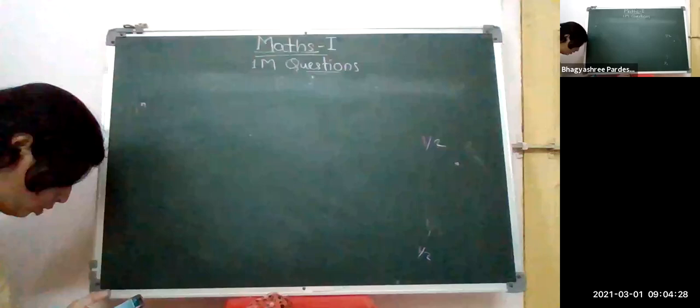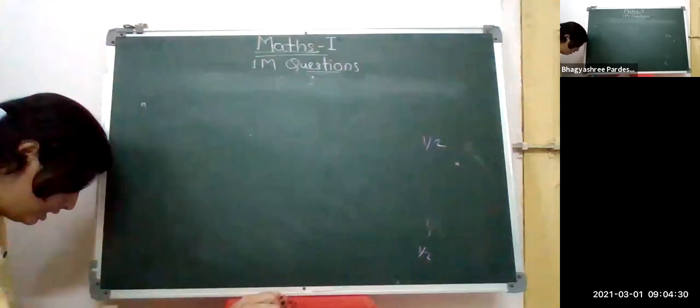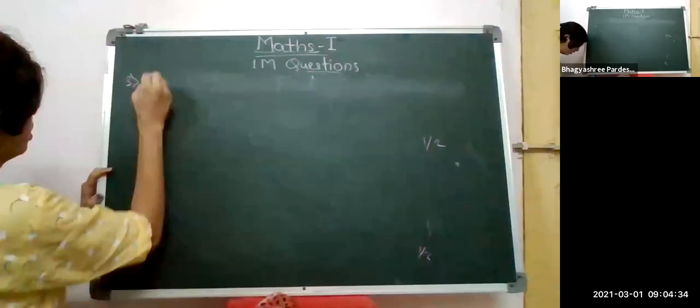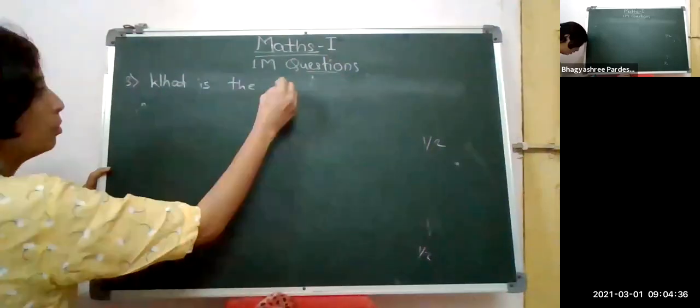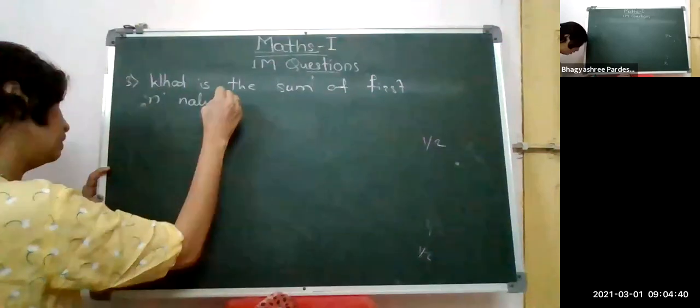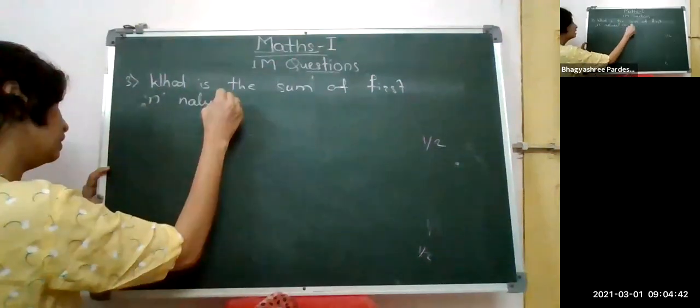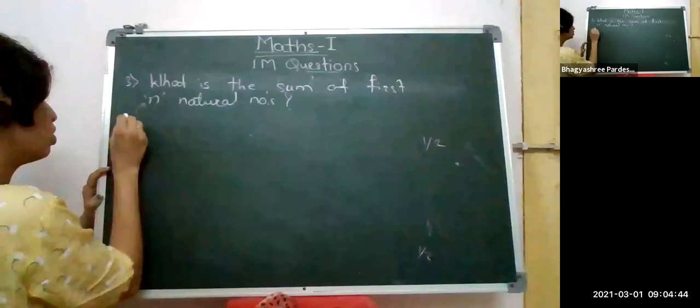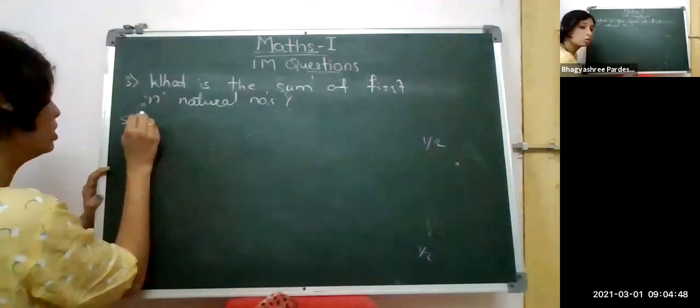What is the sum of the first n natural numbers? If you remember, we have seen this, and I have told you that this is a very, very important question, because this type of question cannot be asked for solving.